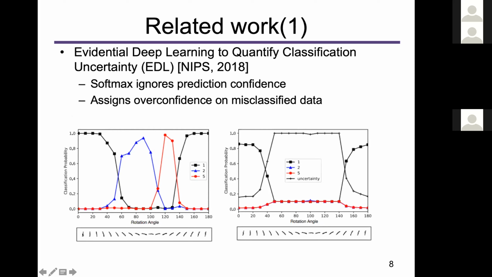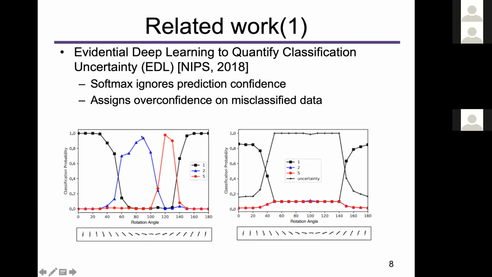But when we feed some other input, like this number one rotated by 180 degrees, it starts to get confused. If it is rotated by 45 degrees, it is confused about whether it's one or two, and if it's a horizontal line, it somehow says it's number two.